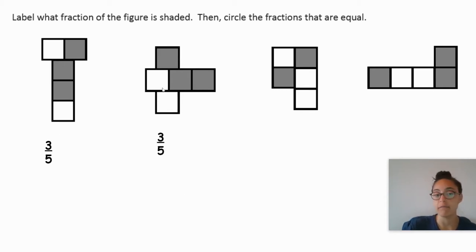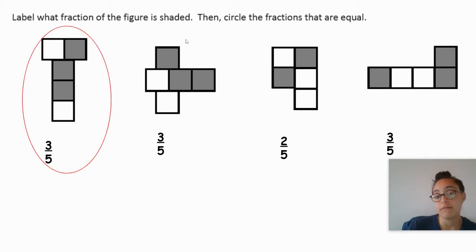Next, again, 3/5. The blocks are all the same in different orders, in different shapes, but the size of the blocks doesn't change. So 3/5 would be my fraction. Over here, I see 2 that are shaded out of 5, so 2/5, and 3, again, 3/5. So 3 are shaded out of 5 total blocks.